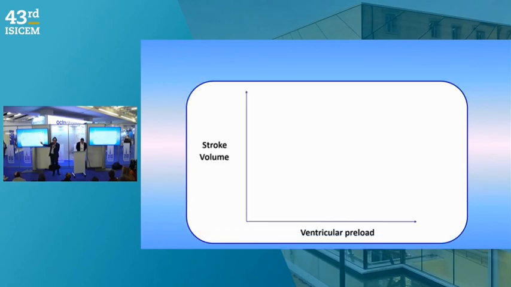I don't want to bother you with physiology, but this is my only slide with physiology. This is the famous Frank Starling mechanism with stroke volume on the y-axis and preload of the ventricle. Could be the right, could be the left. And you know, the shape is like this. It's not linear, but curvilinear.